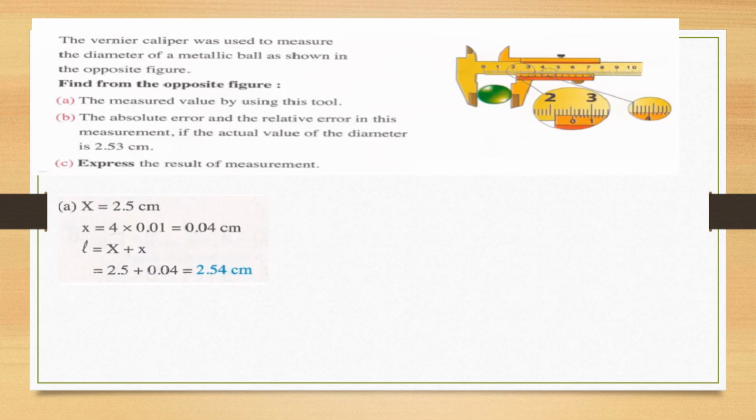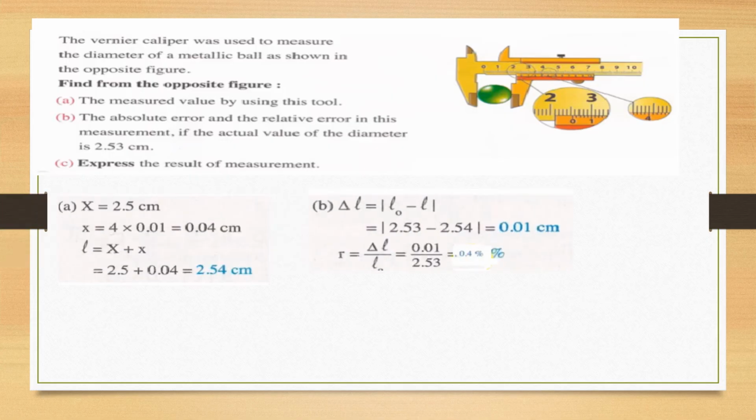This gives you the diameter equal to 2.54 centimeters. B, the absolute error and the relative error in this measurement if the actual value of the diameter is 2.53. Absolute error delta L equals L naught minus L, where L naught is 2.53 and L is 2.54. That means the absolute error equals 0.01 centimeter.